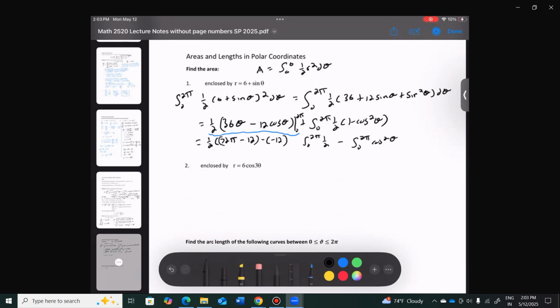So let's do this. We will have 36 pi. I'm going to distribute that 1/2, and then negative 12 and positive 12 cancel out, so we have just 36 pi there. Plus 1/2 theta from 0 to 2 pi.